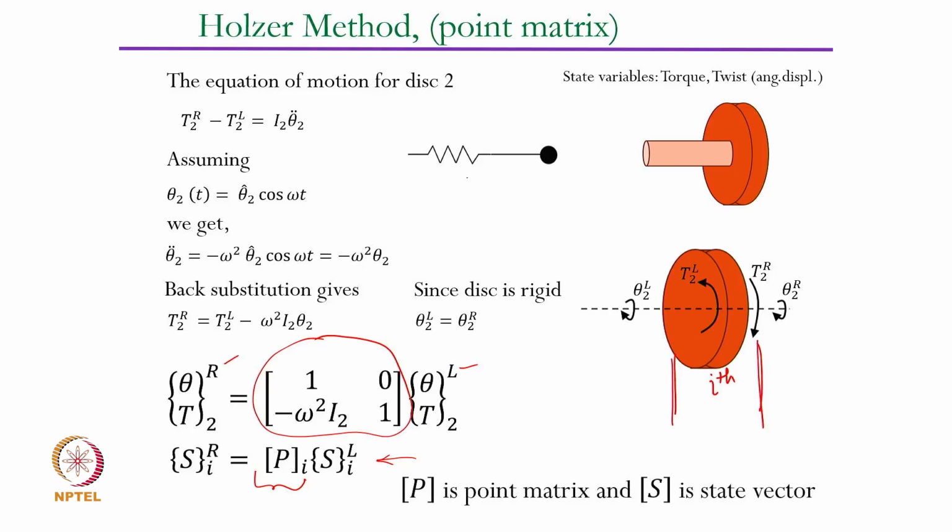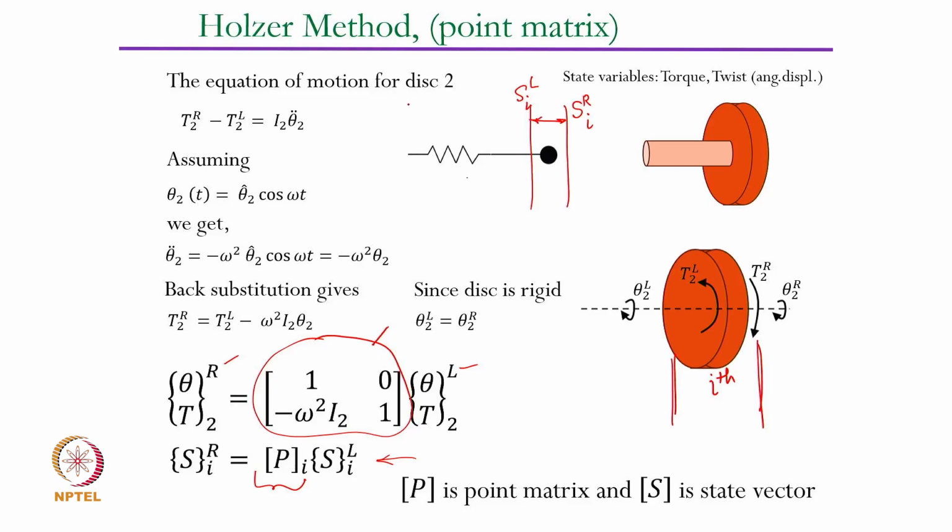Basically what we have been able to do is to relate the right side of this ith station to the left side of the ith station. The relationship between these two state vectors is established through this point matrix.